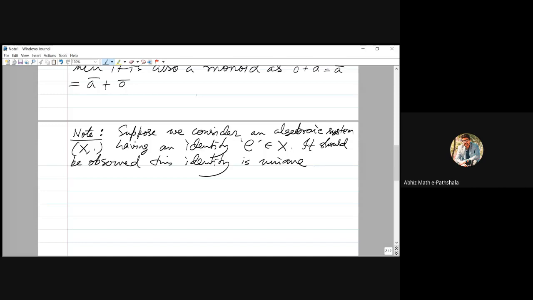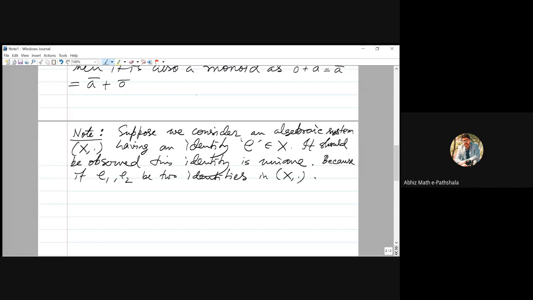Why? Because suppose e1, e2 be two identities in (X, dot).